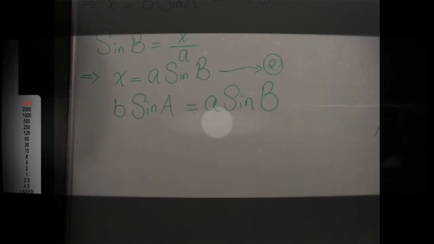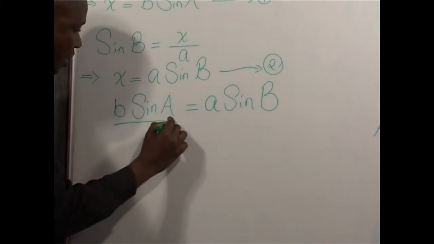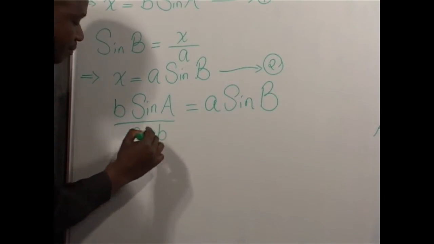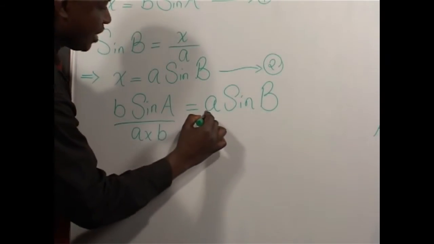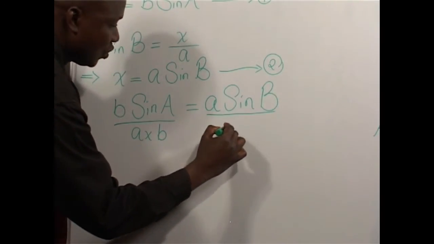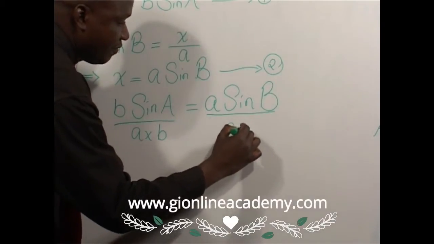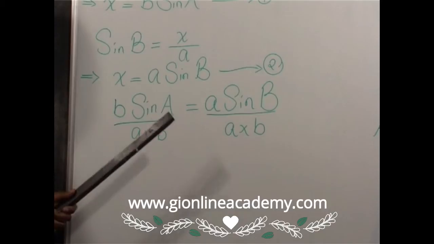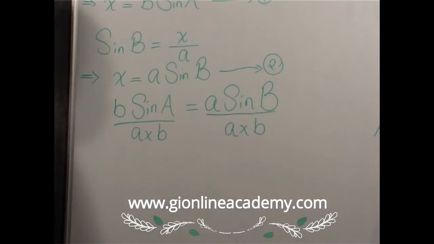So I am going to divide both sides of the equal sign by a multiplied by b. What I have done on the left hand side, I will do on the right hand side, so that our equation remains balanced.